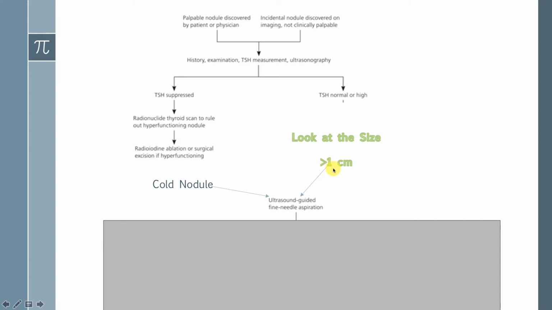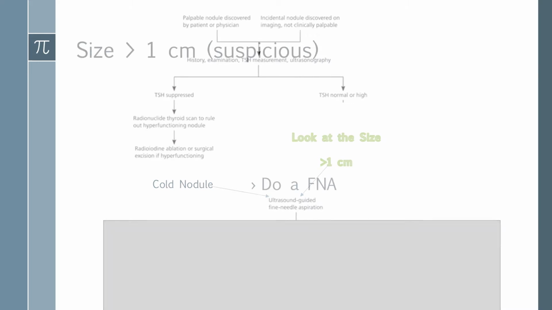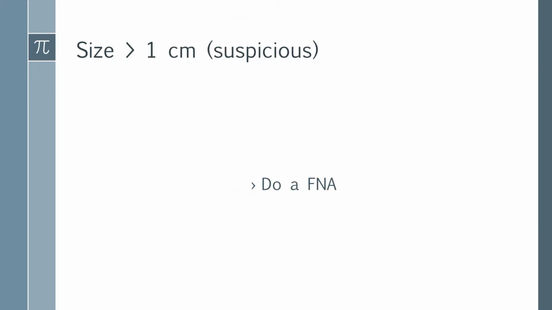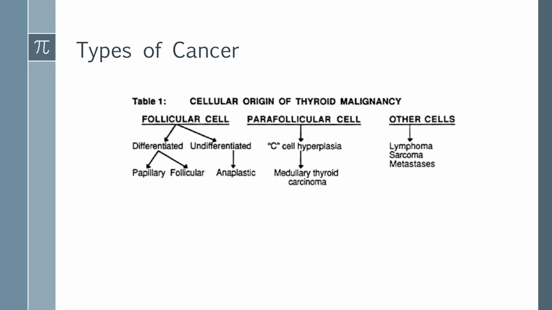The size cutoff is 1 centimeter. If it's bigger than 1 centimeter, you want to do an FNA. Or if it's a cold nodule you're really worried about, you go in there and do a fine needle aspiration. 1 centimeter is very suspicious for malignancy. You do an FNA, and you're worried about malignancies here.